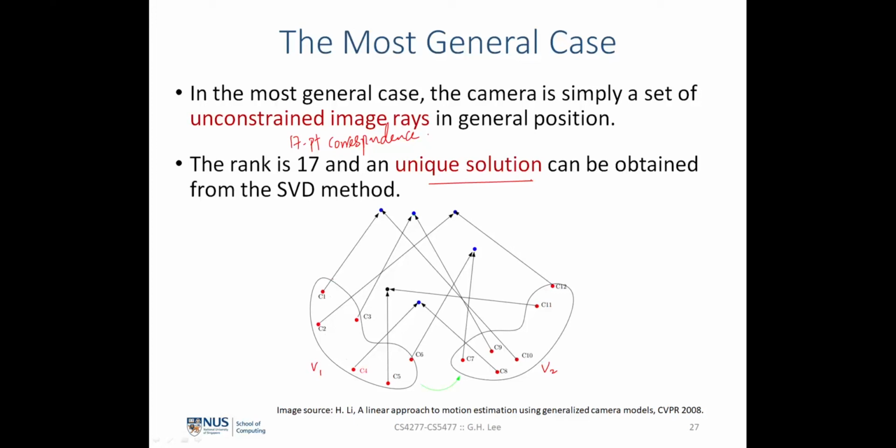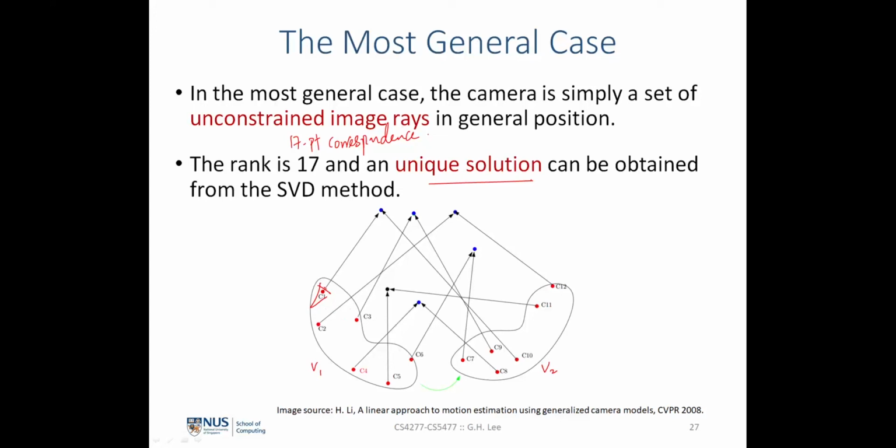So in the most general case, suppose that this C1 sees a particular 3D point in the space, and its correspondence, the same point seen by C1 in the next view of the generalized camera, would not be from the same camera itself. It would not be from C1.